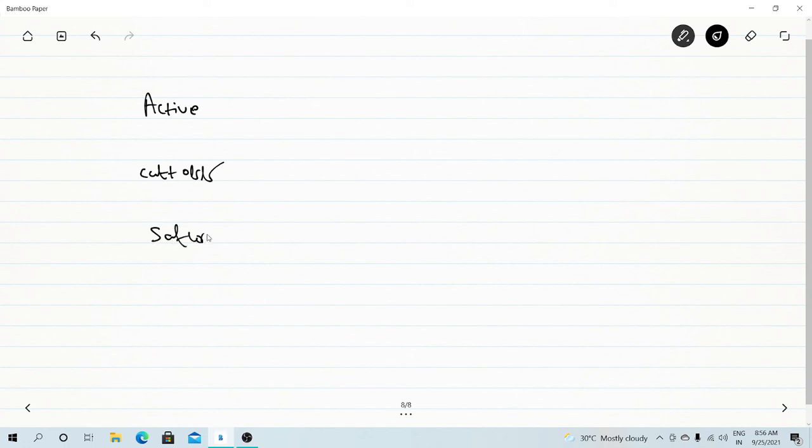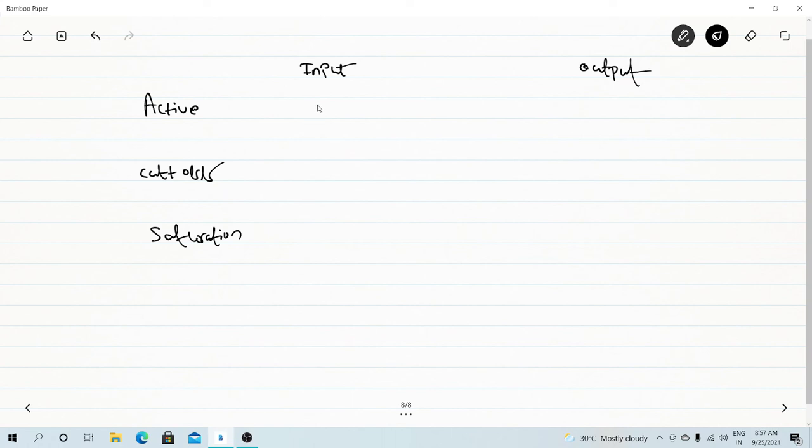For the active region, the input section should be forward biased and the output section should be reverse biased. That is the natural thing we do for a transistor to be in the active region. So this is my input, this is my output.